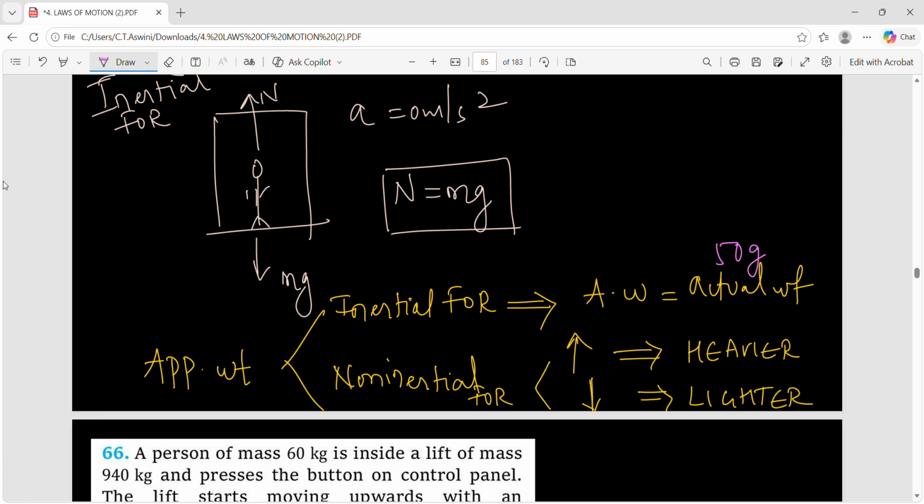You will feel heavier in the sense what? You will feel more than 50 g here, maybe 70, 80, like that, depending on the acceleration of the frame. Here acceleration is 0 and here acceleration is not 0. So depending on the acceleration of the frame, you will feel, accordingly 70, 100, whatever it is. Lighter in the sense less than 50 g, maybe 30, 40, again depending on the acceleration value. So this is important, remember this.